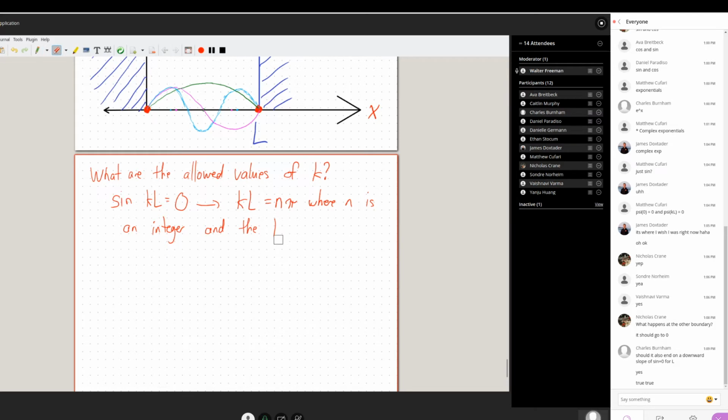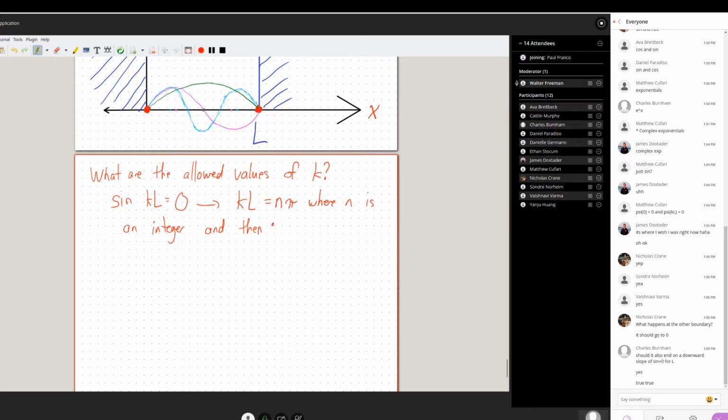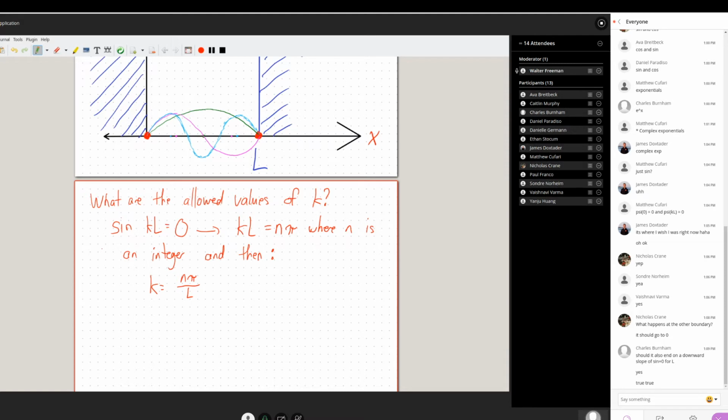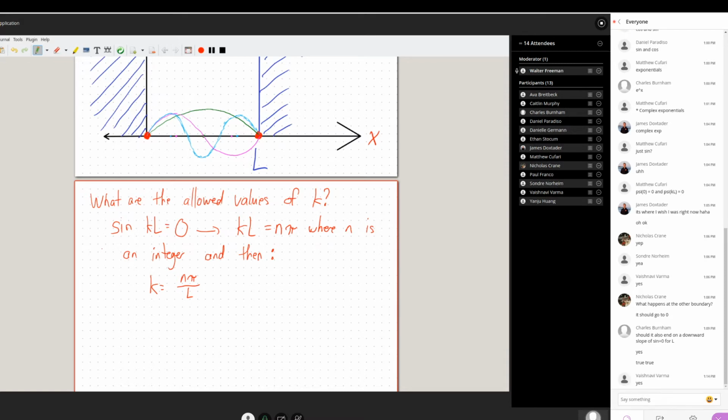And then this tells me k equals n pi over L. Everybody with me so far? Or are there any questions?